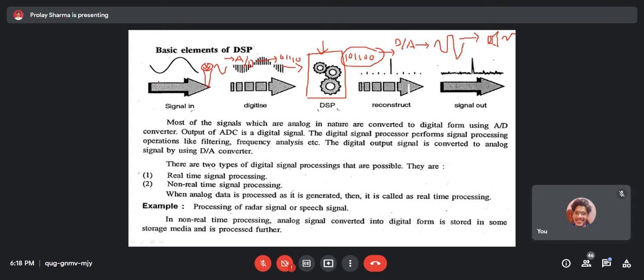And secondly, if the signal is converted into digital form, then we get lots of advantages. The advantages are that it can be processed digitally, and digital circuits are very easy to construct.